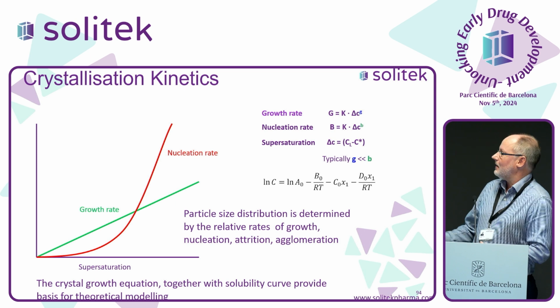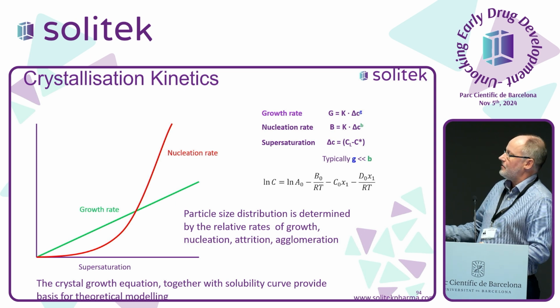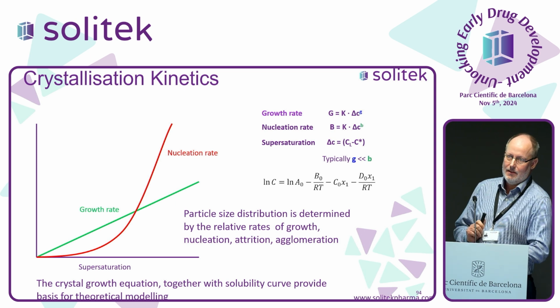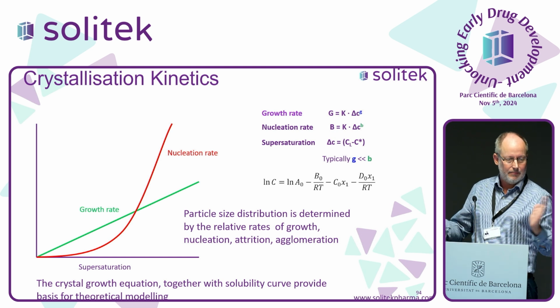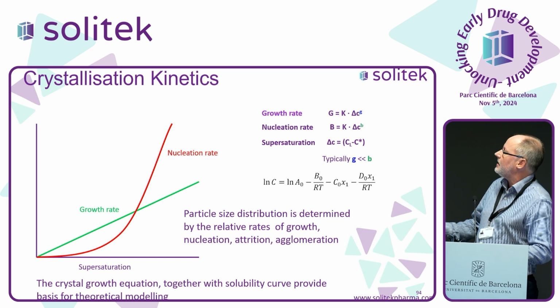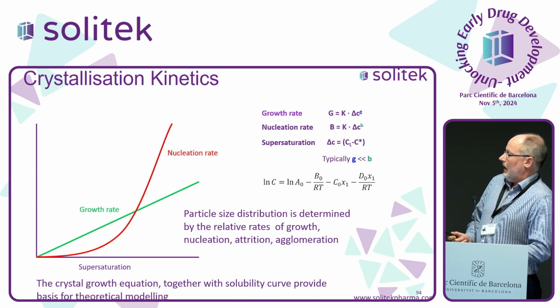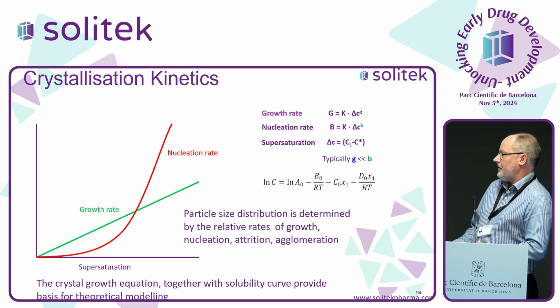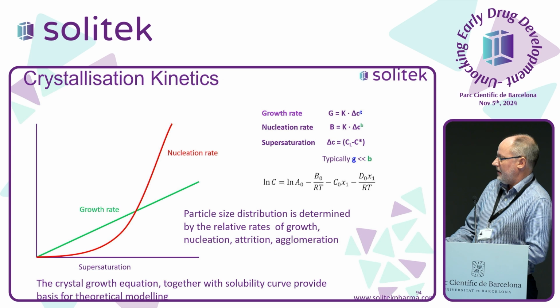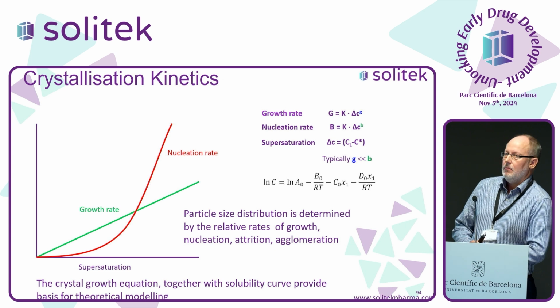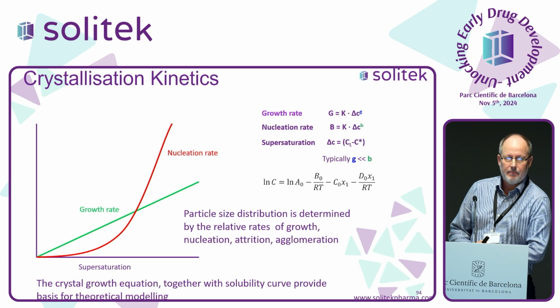In fact, we're just going to consider crystal growth. Now remember I said we have both of these processes throughout the crystallization, but we're only going to consider growth. And the reason for that is we're going to be working in this area here. We're going to consider growth, and we're going to calculate our supersaturation.